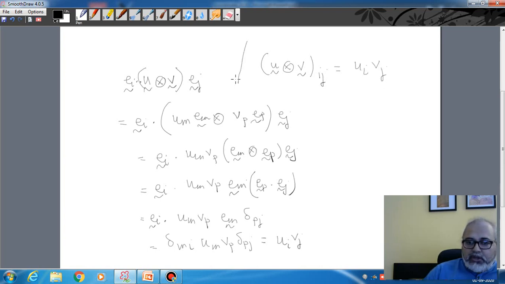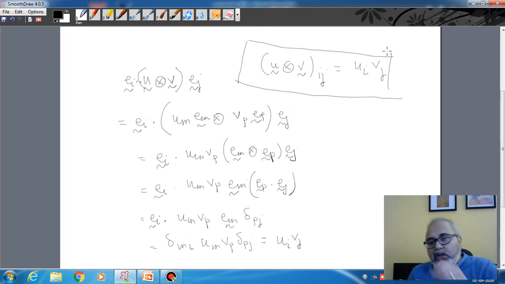So u dyadic v is indeed a second order tensor. Its components are ui vj. Remember, i and j both are free indices, so this represents a set of 9 numbers.